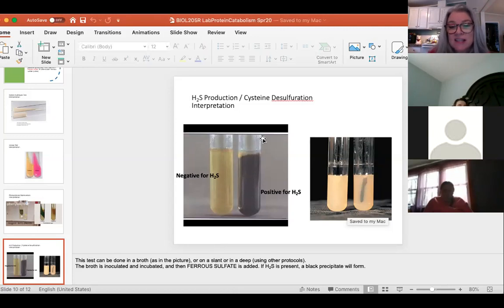When you do this test in broth, the result is really striking because you're going to see the black color all the way through the broth. Over here on the right, we're actually looking at agar. These are agar deeps. And if you recall, the way you inoculate an agar deep is with a wire.